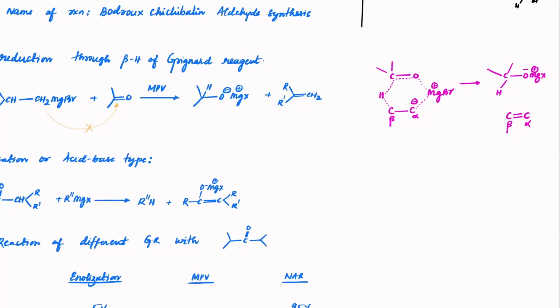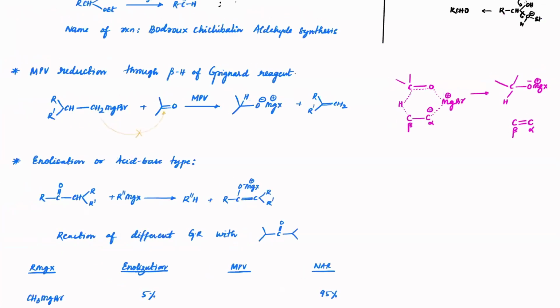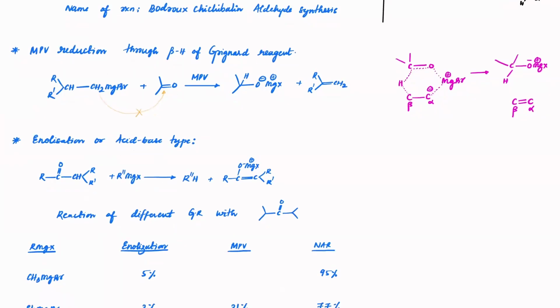This type of pericyclic movement of hydrogen and oxygen connected to magnesium, that's what we call MPV reduction. So instead of actually going through this one, you would notice that this hydrogen is the one which will go all the way and get into this formation, while this part will convert into an alkene like this.